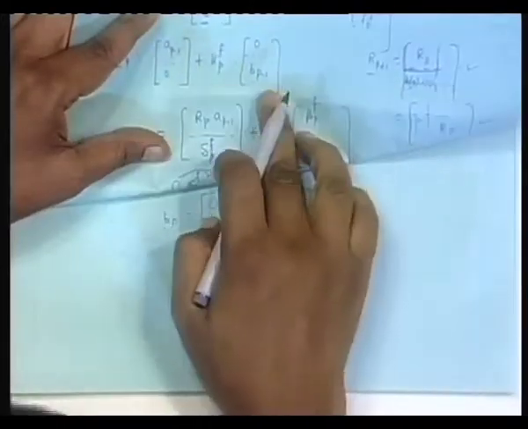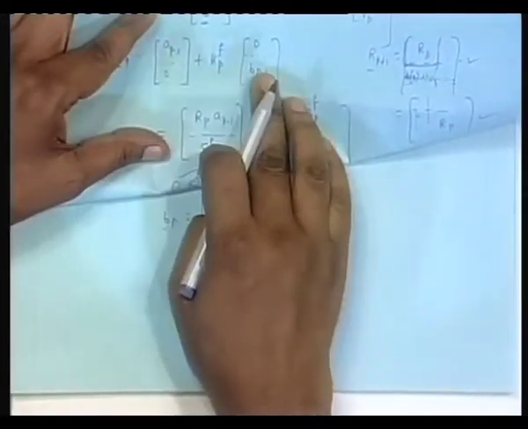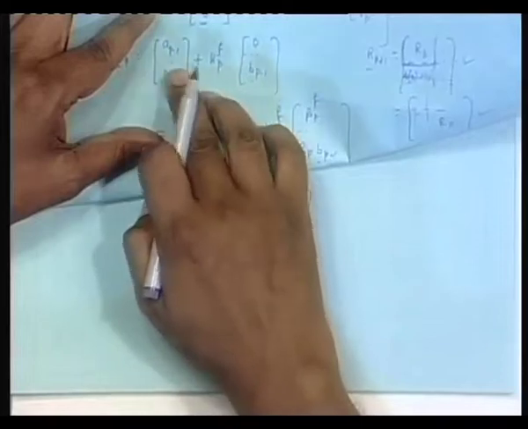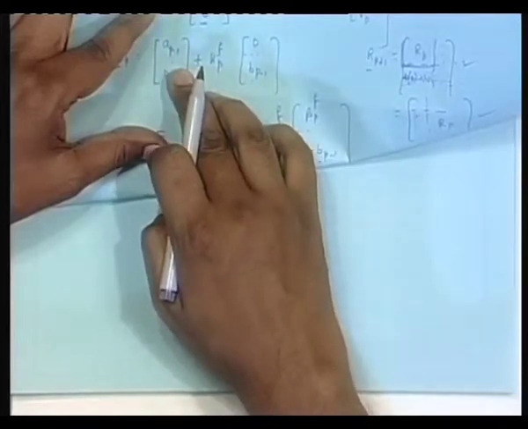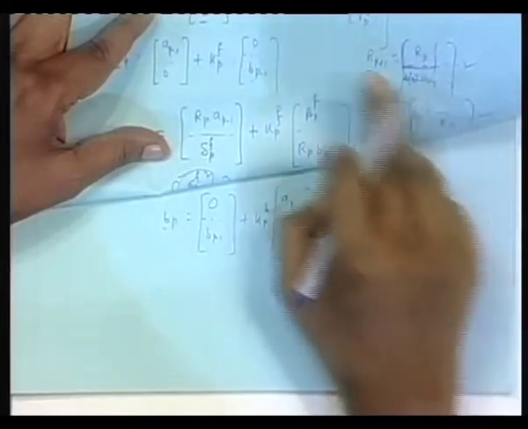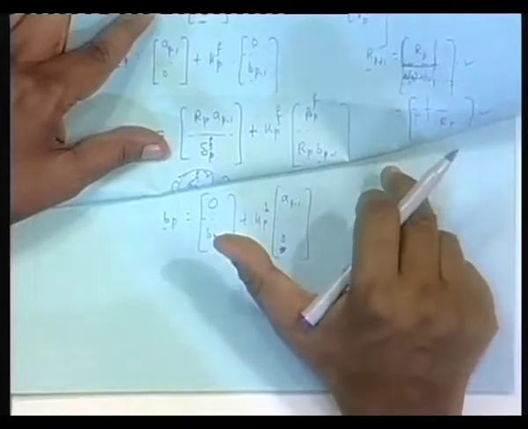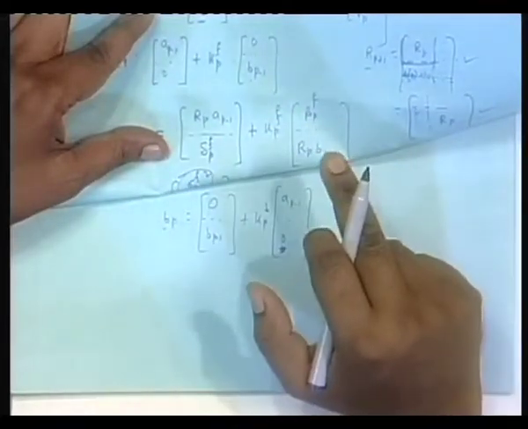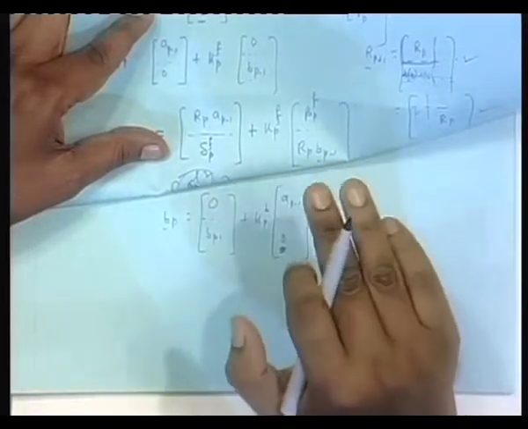That is, these vectors remain the same. Earlier this plus KPF times this, and next time this plus KPB times this. I use the same decomposition of this matrix, and use the same philosophy. Evaluate KPB.